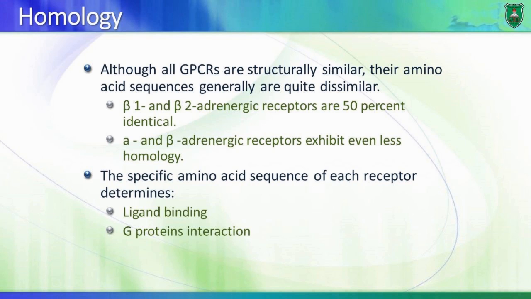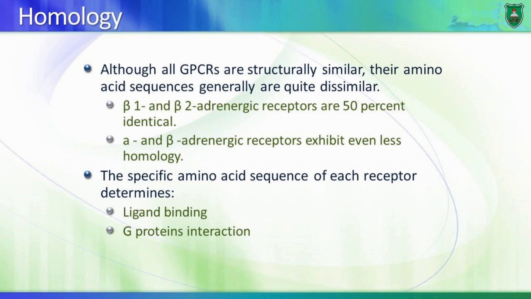Although they function similarly, there are still differences in terms of homology among these receptors. So if we consider the beta-1 and beta-2 adrenergic receptors, they are only like 50% identical rather than having a high homology. The alpha and beta adrenergic receptors have even less homology.